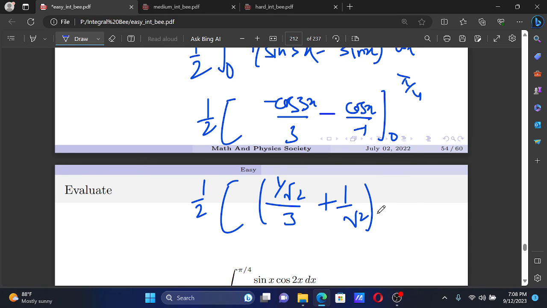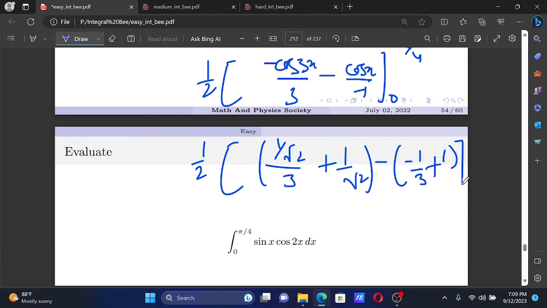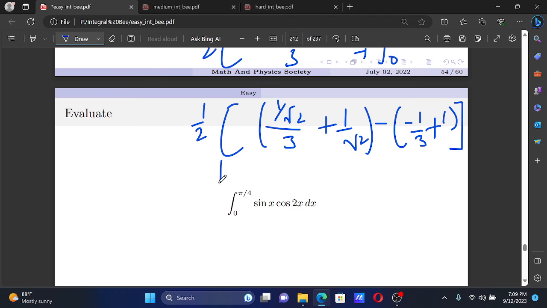Okay, and minus this will be minus 1 by 3 and plus 1. Now this all will be 1 by 2. This will be 1 by 3 root 2, so 4 by 3 root 2 minus 2 by 3.